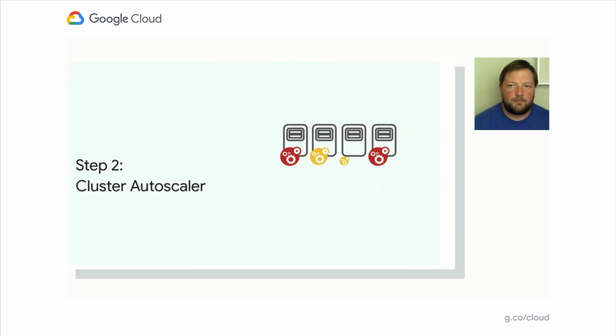We waste less. GKE also offers a fast scale-down cluster autoscaler profile, which removes underutilized nodes much more rapidly, thus lowering the cost of your cluster faster. Joel, back to you.